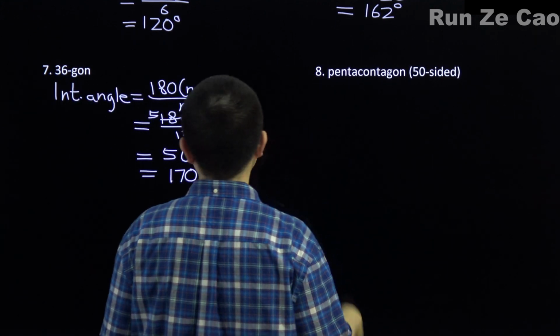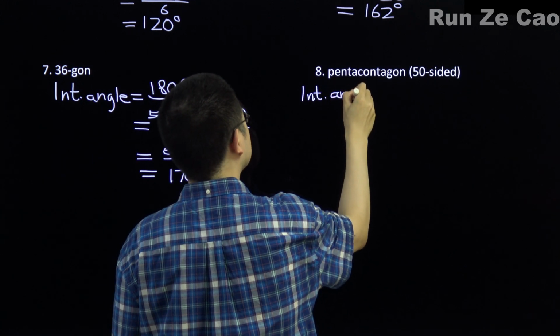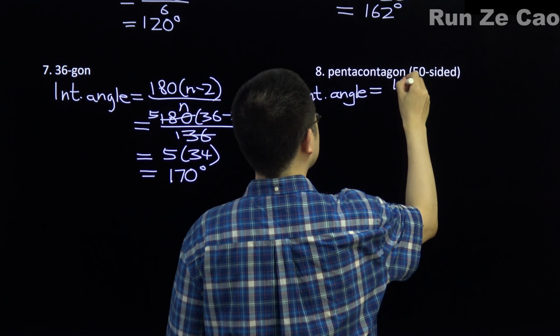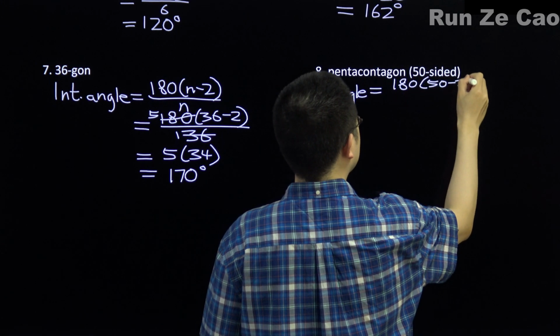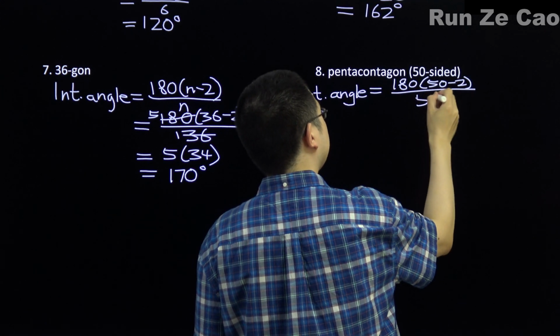Pentagon, so a 50-sided shape, well, that's interior angle is equal to 180 times 50 minus 2. In this case, I'm just going to substitute right away, divided by 50.